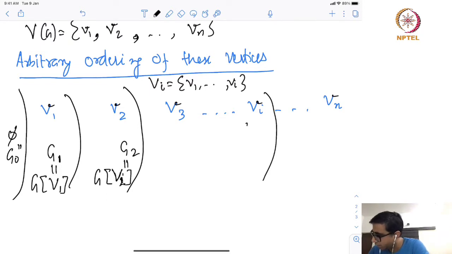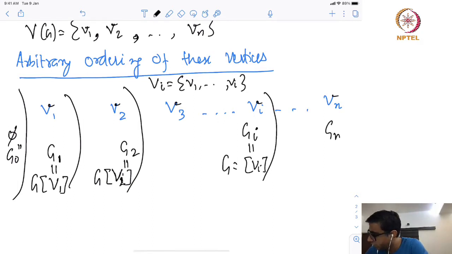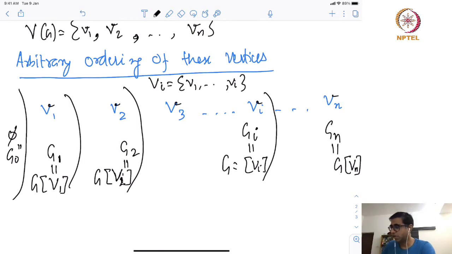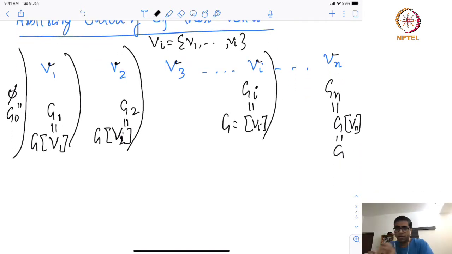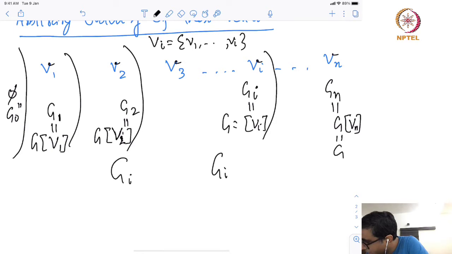Gi is the graph induced on Vi. And what is the last graph? It is Gn, which is the same as G, because this is induced on capital Vn, which includes every vertex. Now, let us try to understand the difference between Gi and Gi plus 1.